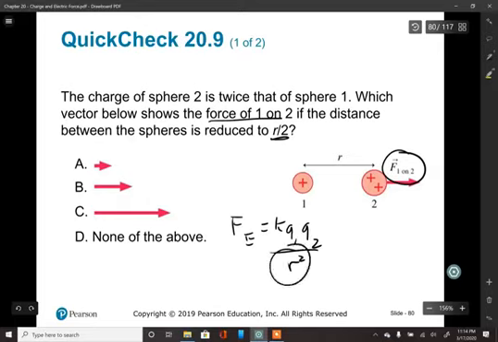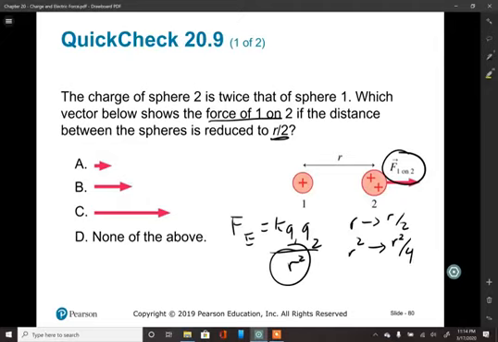If r is divided by 2, then r squared turns into r squared over 2 squared, or 4. And it's in the denominator, so that means we're dividing by 1/4, which is the same as multiplying by 4. So our force should be 4 times as big.